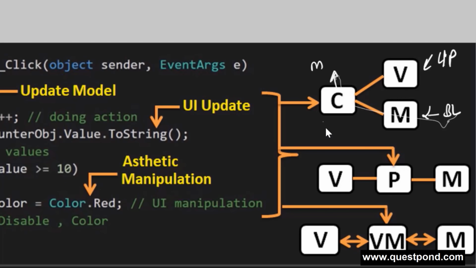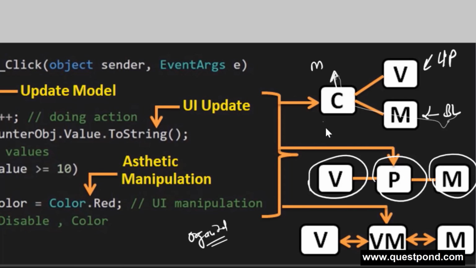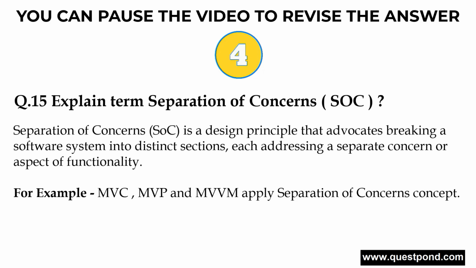So when you put the concerns or the logic into separate buckets, you get much better organized and much more understandable code. Whenever you are doing a handover, this kind of code is much easier to understand. So remember that whenever you are defining MVC, MVP, MVVM in interviews, one of the benefits you should emphasize is separation of concerns.